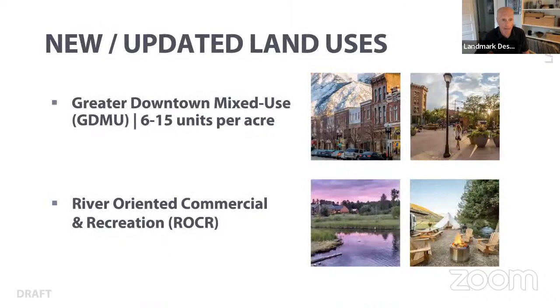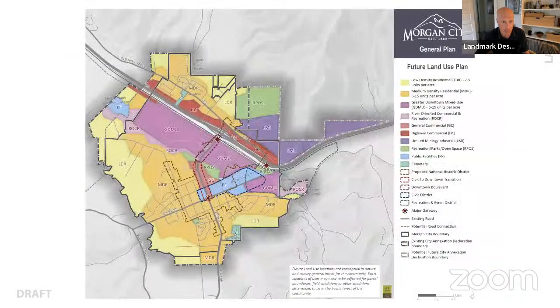We then have this mixed use area, the greater downtown mixed use area. It has similar densities as the medium density, but it's also allowing a mix of retail, commercial, and housing to be together. As you can see on this map, it's a big portion of the area between the freeway and the medium density area.